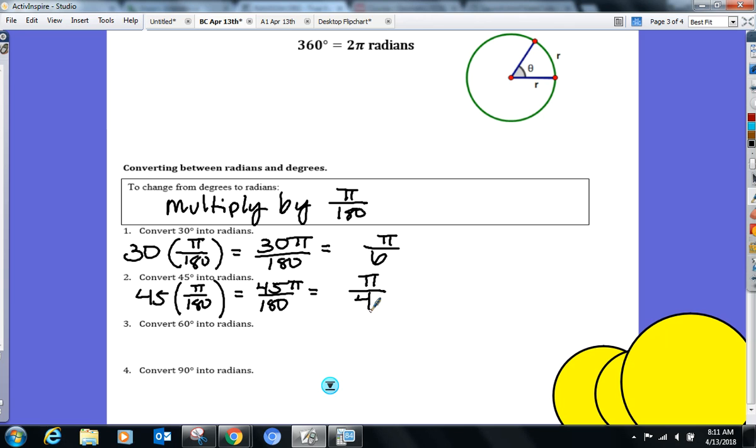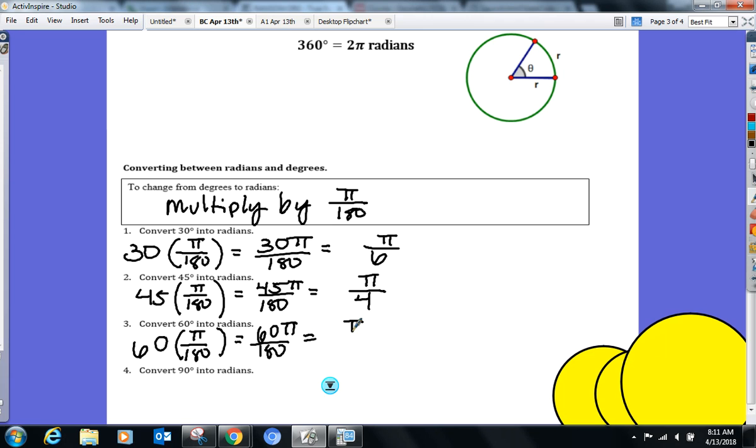60 degrees. How many radians are in 60 degrees? 60 pi over 180.